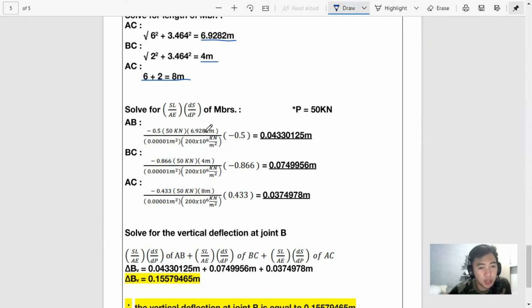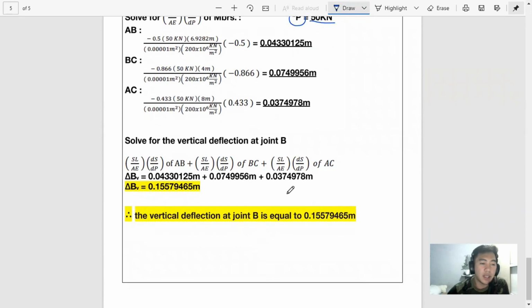In substituting the values, remember that P is equal to 50 kilonewton. Substituting P, we get a value of 0.0433 for member AB, for member BC we get 0.75499, and for member AC we get 0.3749.